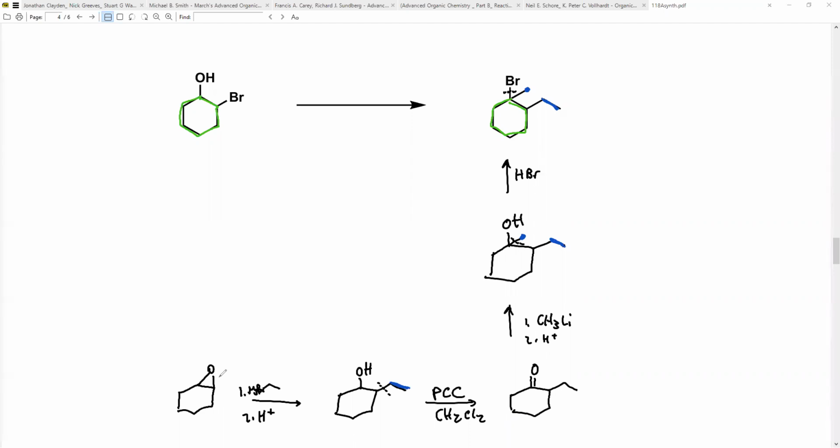A couple of ways to think about it. One way is that the carbon chain is adding a little bit farther away from the alcohol, one carbon down. If I think about vicinal functionality, my transformation is vicinal to the alcohol. It's not on the same carbon as the alcohol.